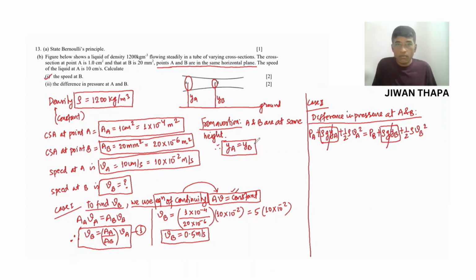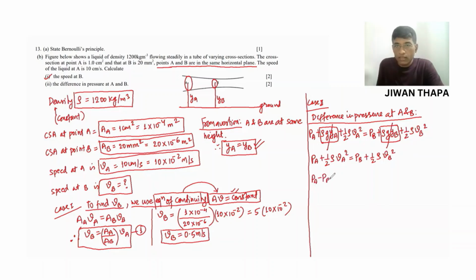Why? Because A and B are at same height. Therefore we can write PA plus half rho VA square equals PB plus half rho VB square.